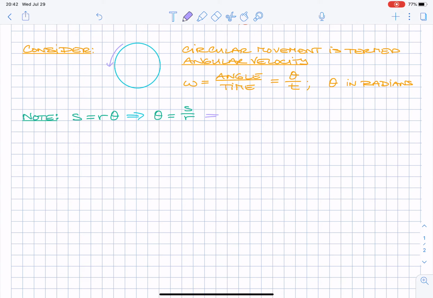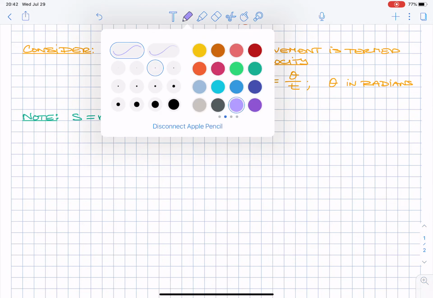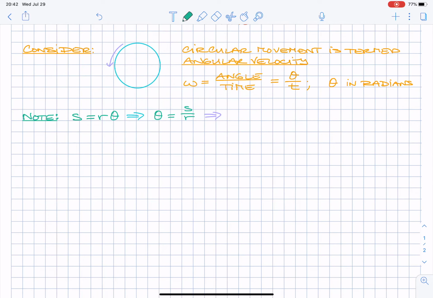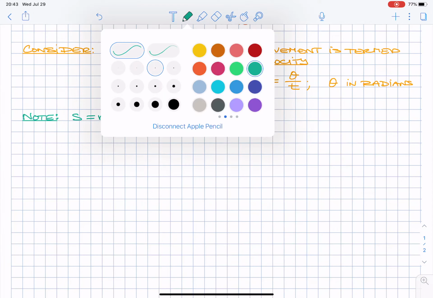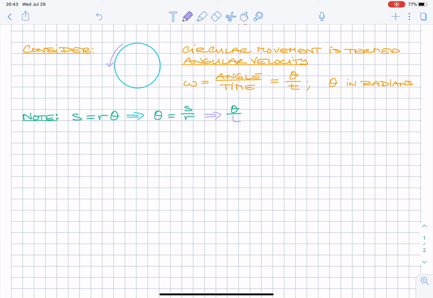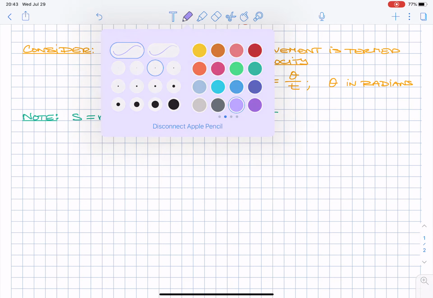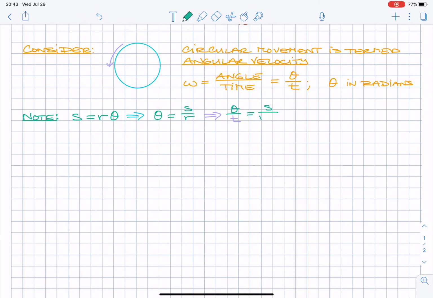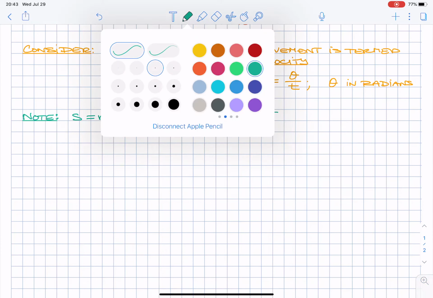Well, let's go ahead and divide both sides of this equation by t. So I'll get theta divided by t is going to be equal to s divided by rt. Let me keep the r in green, and we're dividing both sides by t.